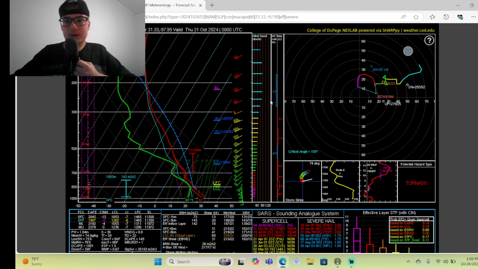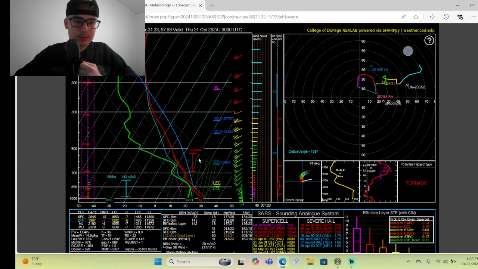Once again, we have that hook on the vertical wind shear. Storm relative inflow is pretty strong as well. You've got winds from the ground all the way up into the atmosphere changing so significantly, which is really supposed to help with tornado potential.